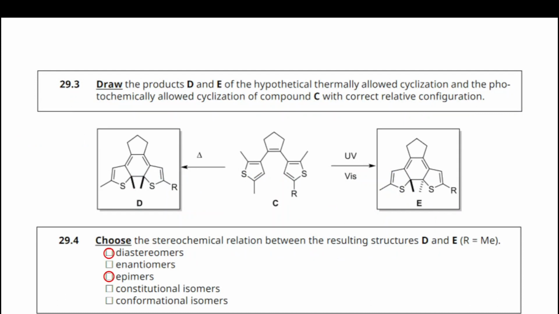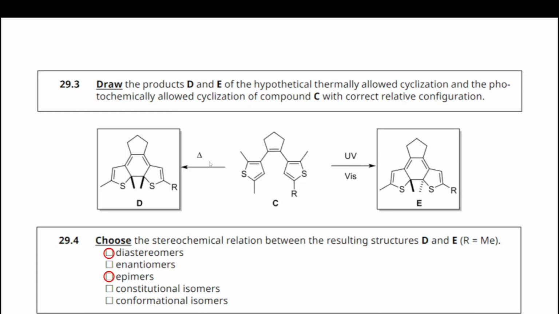Then draw the products D and E of the hypothetical thermal allowed cyclization and the photochemical allowed cyclization of compound C with the correct relative configuration. The thing is that when you have electrocyclization, both light and heat are allowed by the symmetry.